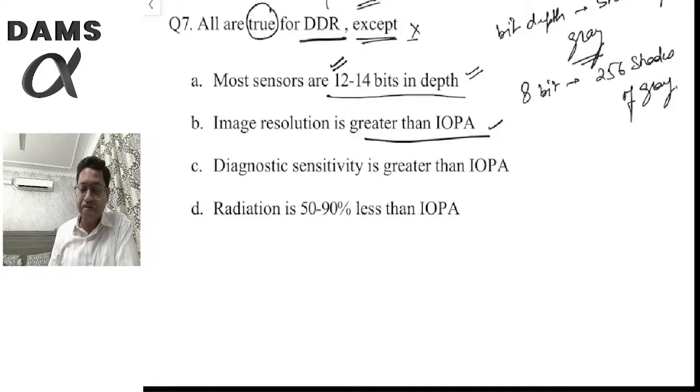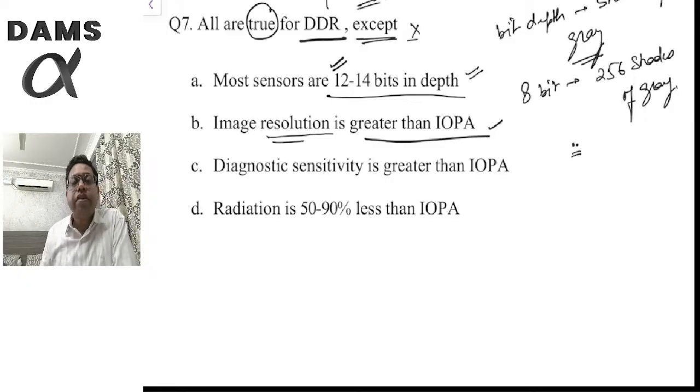Image resolution, what is meant by resolution? The ability to see two closely spaced things as distinct on a radiograph. You can compare it with a magnification shot. Two closely spaced objects are present.